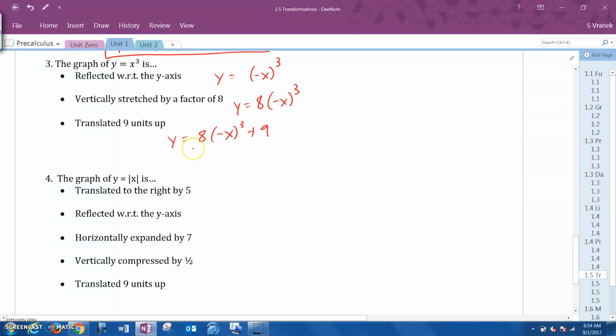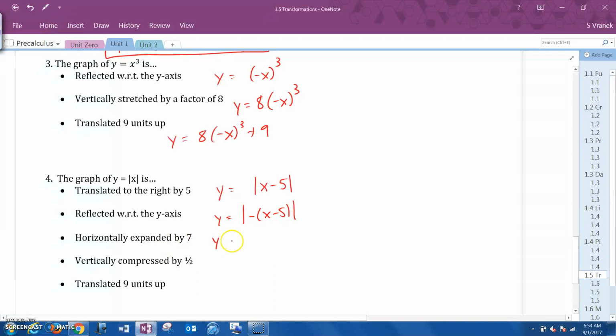So now we're going to do this next one. Very similar. Translate to the right 5. That's a horizontal move. So that's inside here. And it's a -5. Reflect with respect to the y-axis. Is inside there as well.